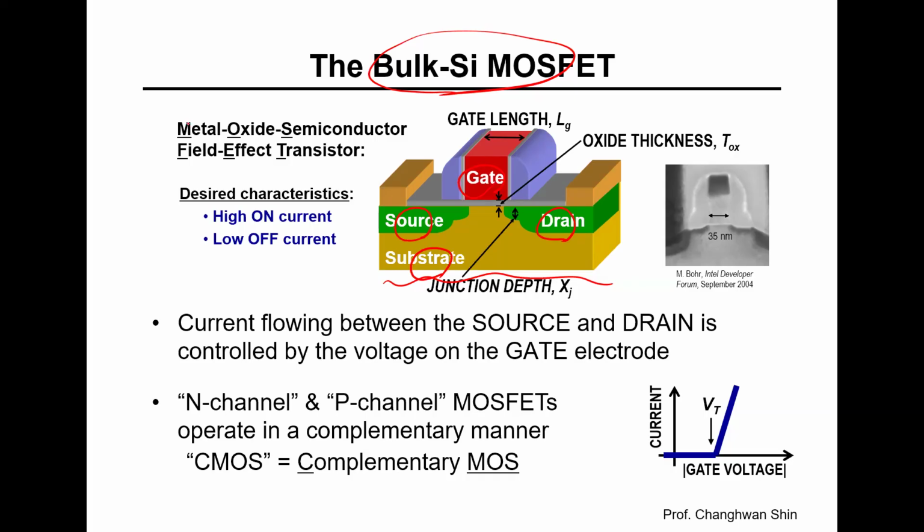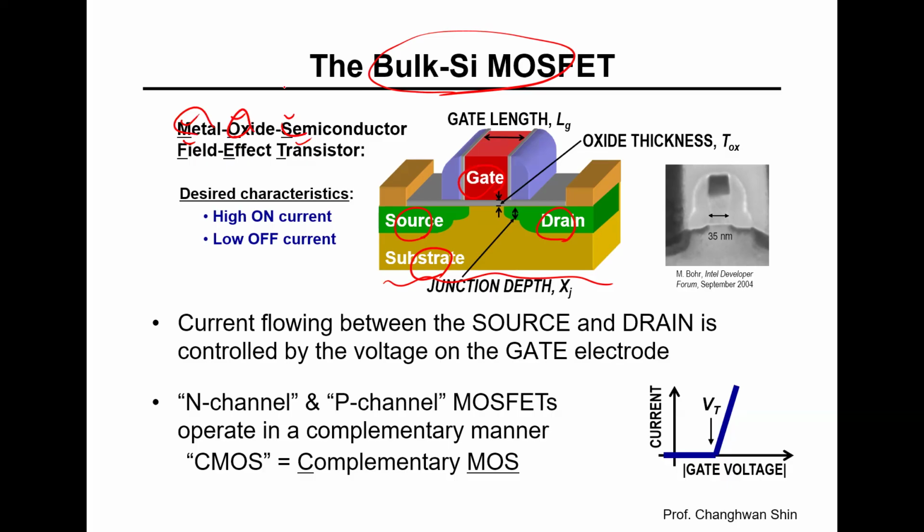The name metal oxide semiconductor field effect transistor actually describes its layered structure, right? MOS, layered structure: a metal, or more commonly now polysilicon or metal gate, sitting on top of an oxide insulator, which sits on a semiconductor substrate.